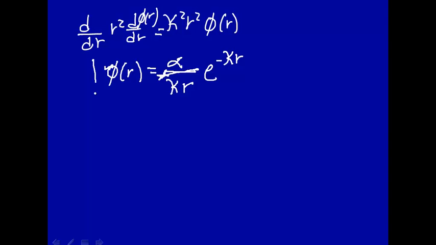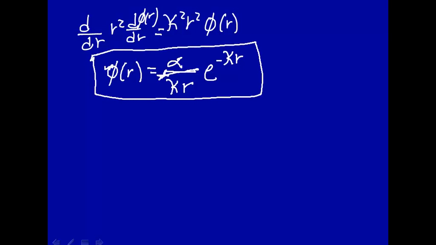So there is the general equation for the Debye potential, where the constant alpha depends upon what system you're setting up, the initial conditions. All right, so let's actually do that.